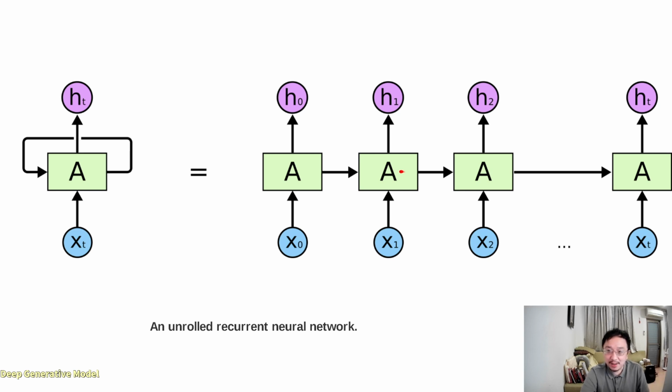There's no loop inside. So the first perspective is you can view it as just a black box or a standard neural network with two inputs and two outputs.